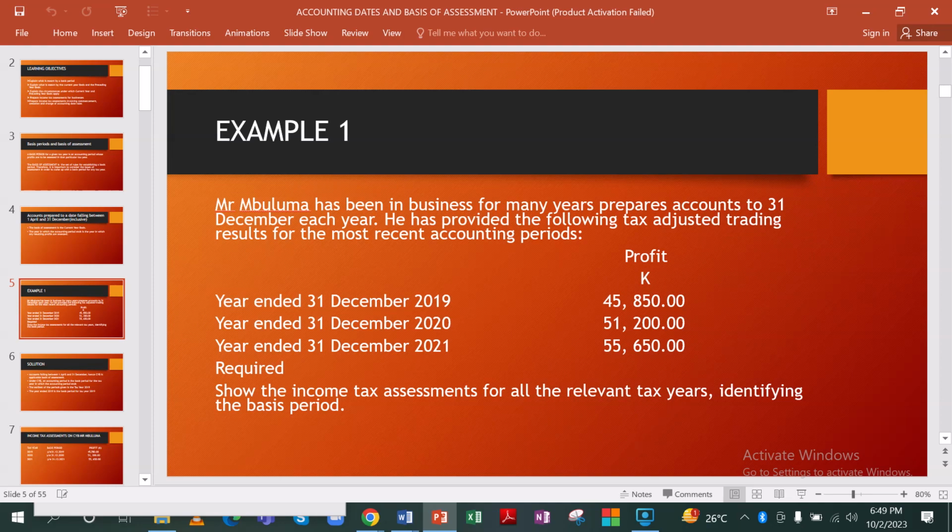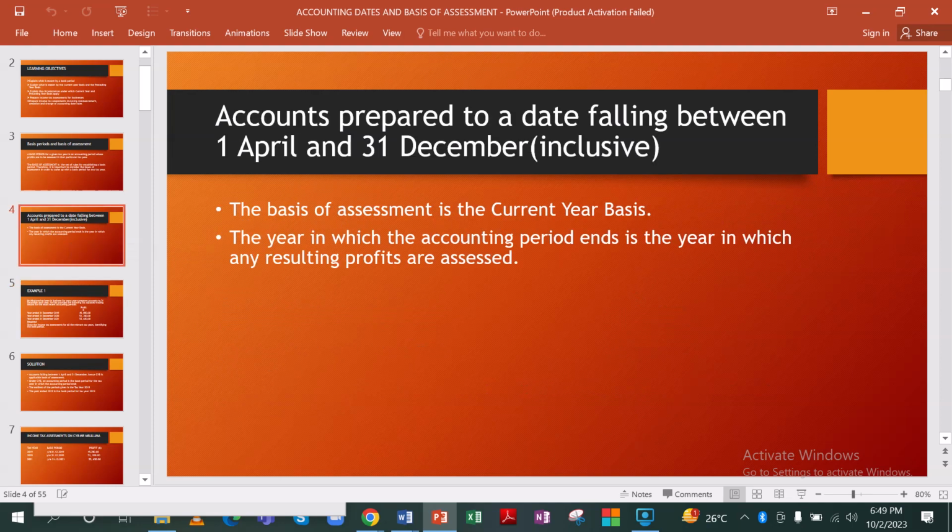When you look at the basis of assessment, we talked about the current year basis, which is where accounts are prepared to a date falling between 1st April and 31st December.